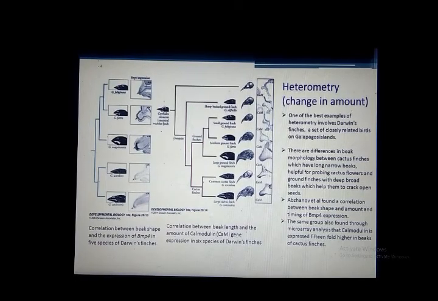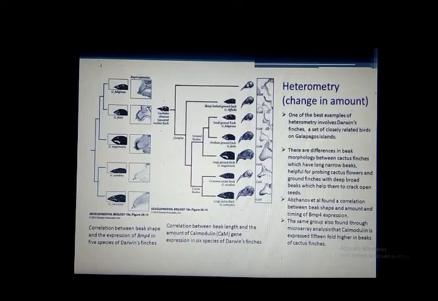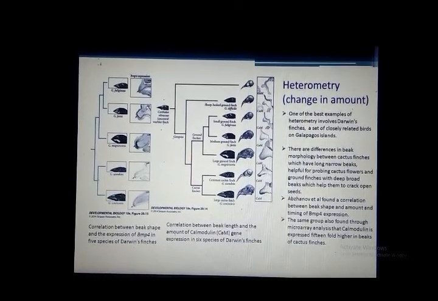There are differences in beak morphology between cactus finches, which have long narrow beaks helpful for probing cactus flowers, and ground finches with deep, wide beaks, which help them crack open seeds. Abzhanov et al. found a correlation between beak shape and the amount and timing of BMP4 expression. The same group also found, using microarray analysis, that calmodulin is expressed 15-fold higher in the beaks of cactus finches.